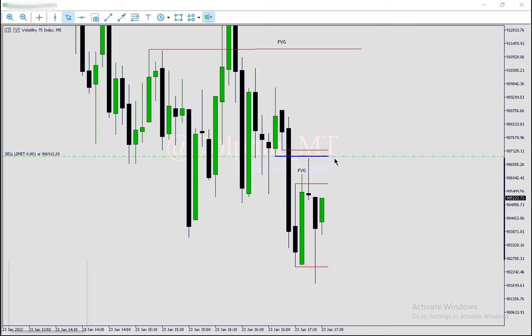So we want to be entering short as it's coming back into the fair value gap one more time, because it made this institutional order flow entry drill into this fair value gap. So we want to see price crossing bullish into this fair value gap.